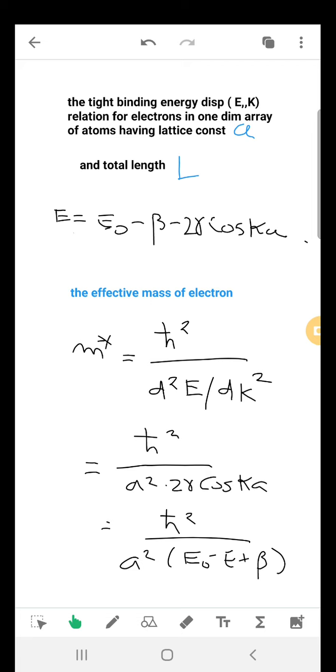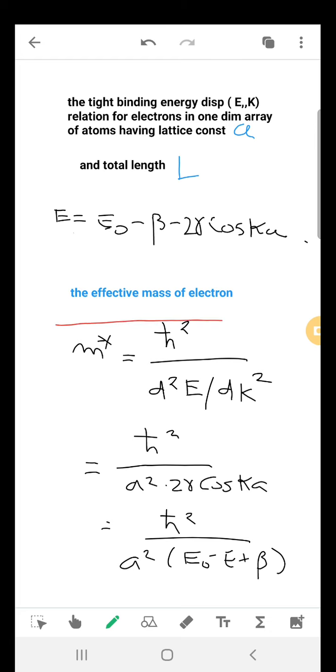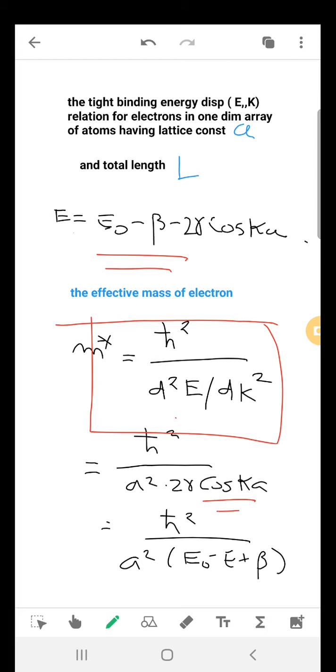This is the relation of effective mass, that is h cross square divided by d square E by dk square. Using a double differentiation of E with respect to k, we get a square 2 gamma cos ka, and from putting this relationship here, we get h cross square upon a square into E0 minus E plus beta.